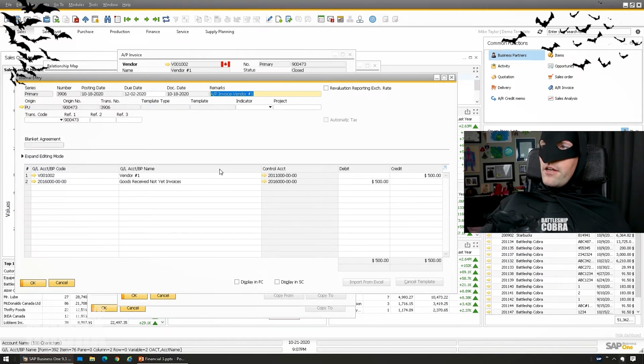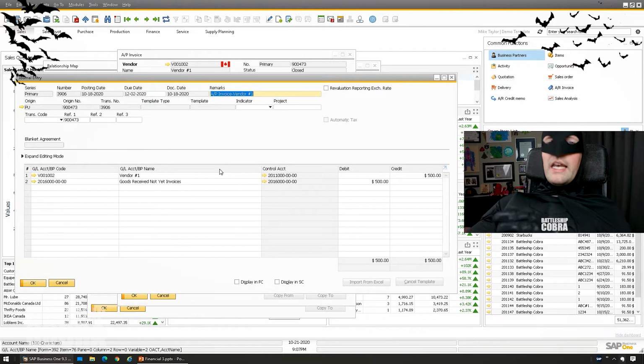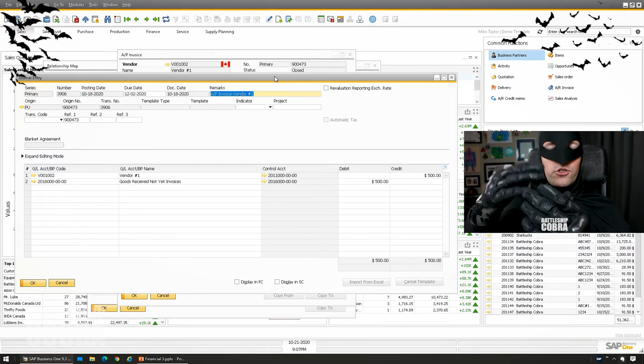We're increasing our accounts payable for the subledger for vendor number 1, and we're decreasing goods received not yet invoiced, which is kind of a miscellaneous account with the inventory. So we're saying decrease that by 500. We don't know that 500 miscellaneously anymore. Now we have an actual accounts payable that we need to pay that does have a date that we need to pay it on. Do you see the kind of trend here?